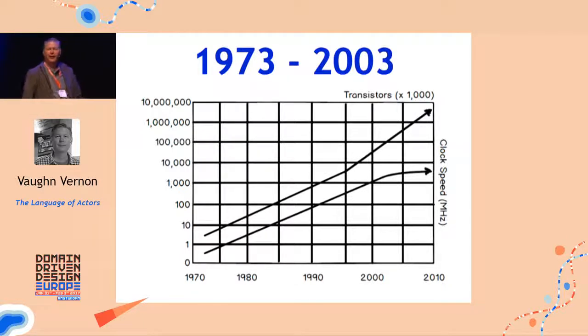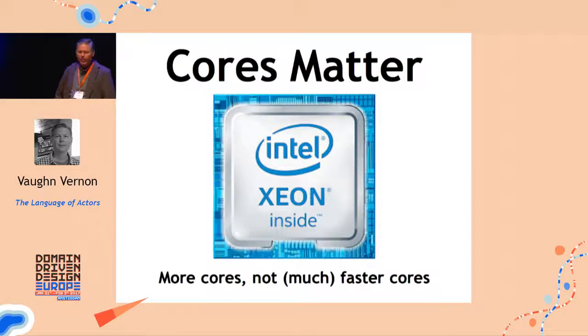Yay. That has had a big influence, and cores matter. And just to give you an idea about the number of cores available, just my Mac that I'm running here has 8 cores running on it. This is just a typical MacBook Pro.